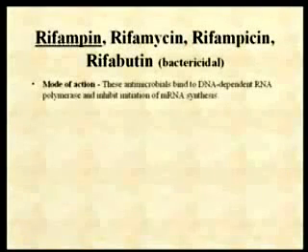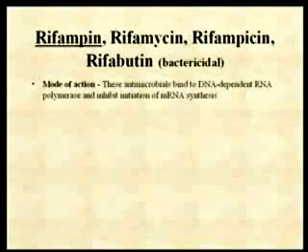And it blocks the initiation of transcription. It does not have any effect on transcription that is already initiated. So if an RNA polymerase has already initiated transcription of a gene, that will continue in the presence of these antibiotics. But no new messages will be able to be made because it's blocking the initiation stage.